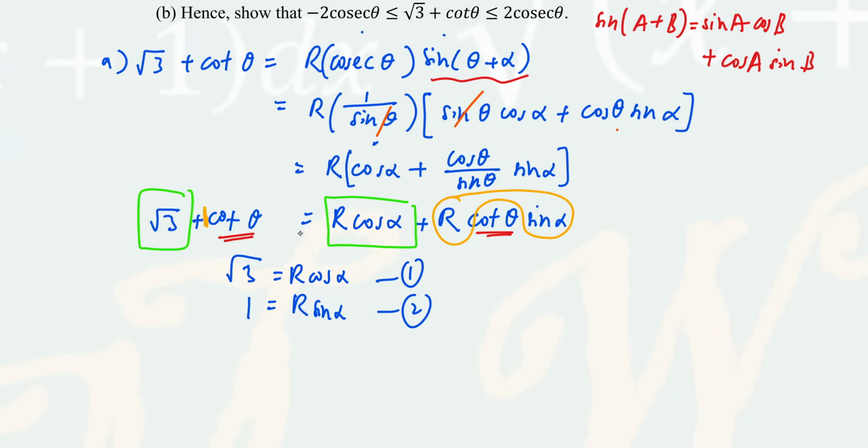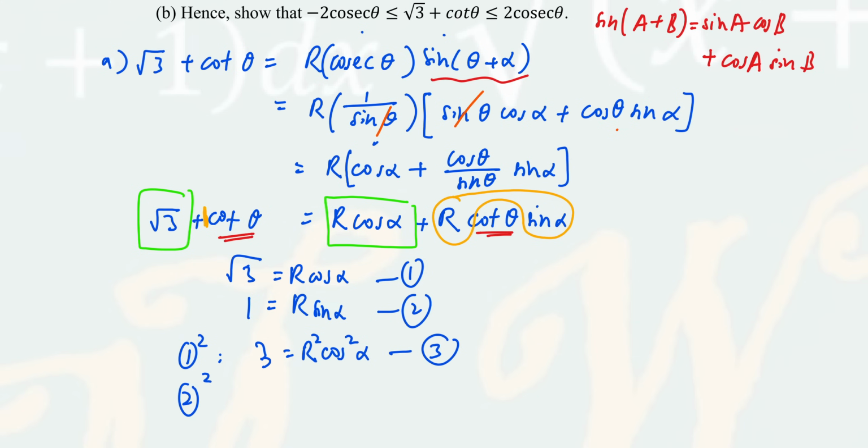So what to do is I can just use squaring. I square the first equation, so it will be 3 equals to r squared cos squared alpha. And let this be the third equation.